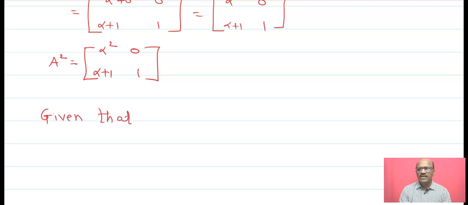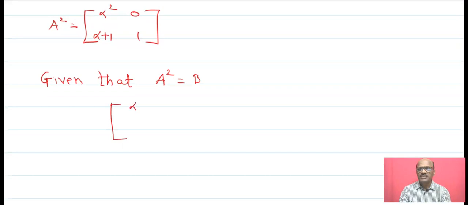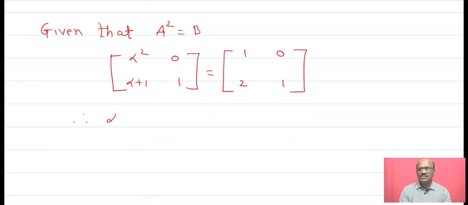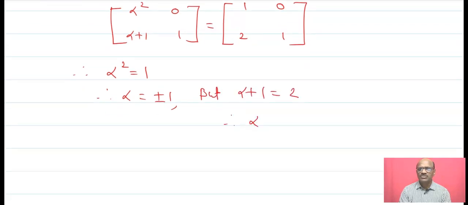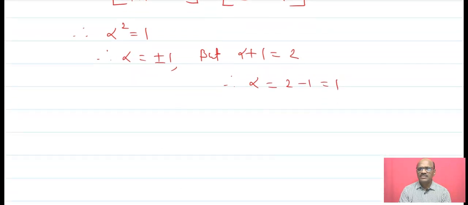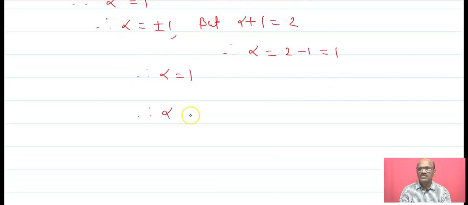Now we are given that A square is equal to B. So alpha square, 0, alpha plus 1, 1 equals 1, 0, 2, 1. Therefore alpha square is equal to 1. Therefore alpha is equal to plus or minus 1. But alpha plus 1 is equal to 2, and that's why we will take the value of alpha as 1.